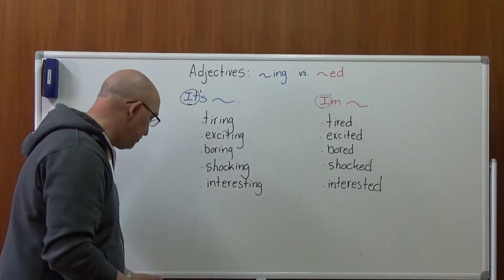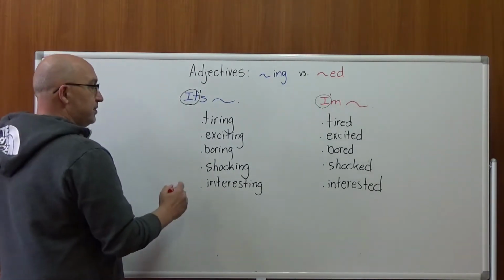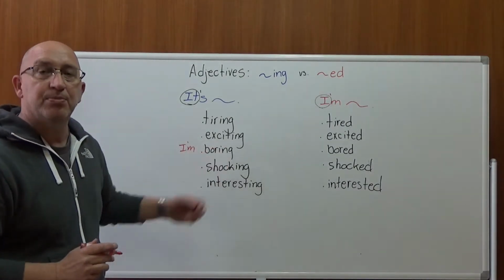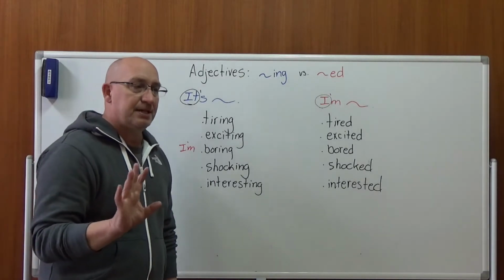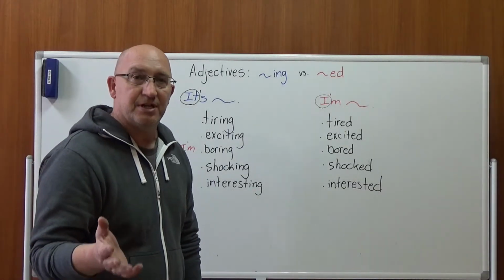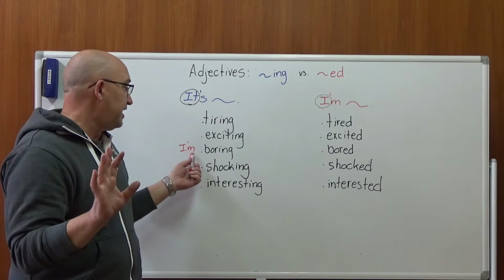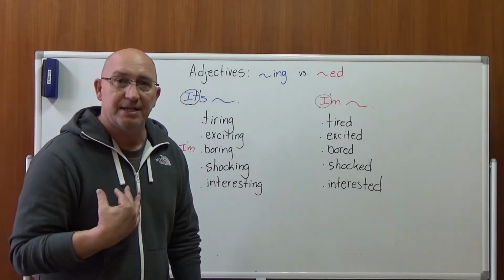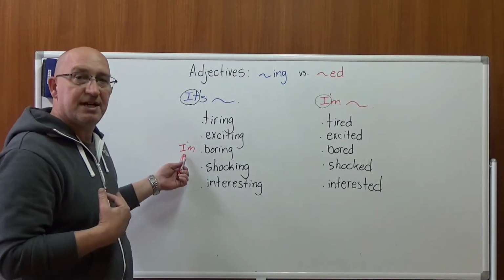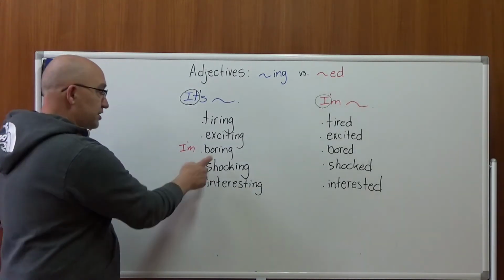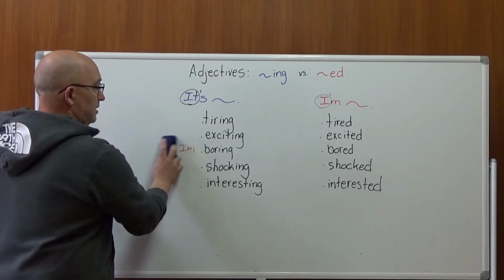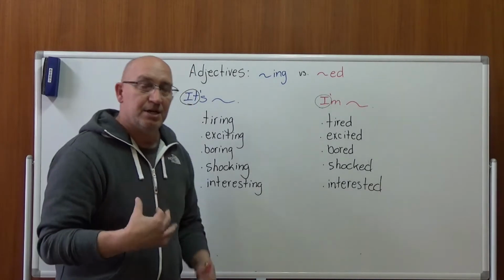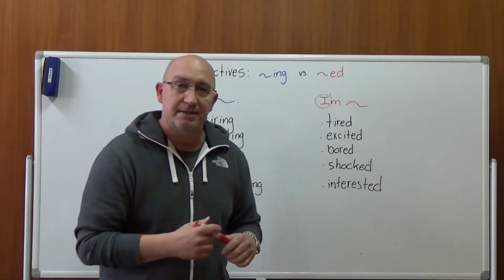So, when people say, for example, I'm boring, that doesn't mean, 今退屈, 今つまらない. If you said, I'm boring, that means, 私はつまらない人. So it's not my feeling, it's what kind of person. So with these, we do not use the word I. We're going to talk about other things.